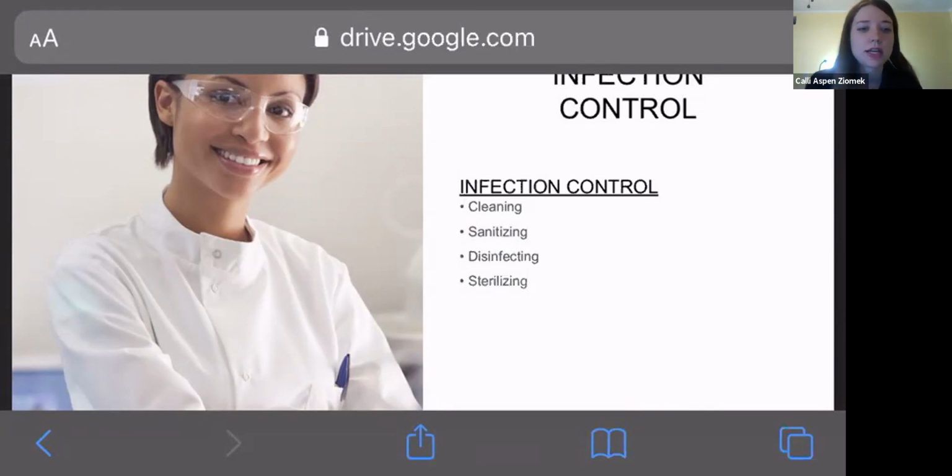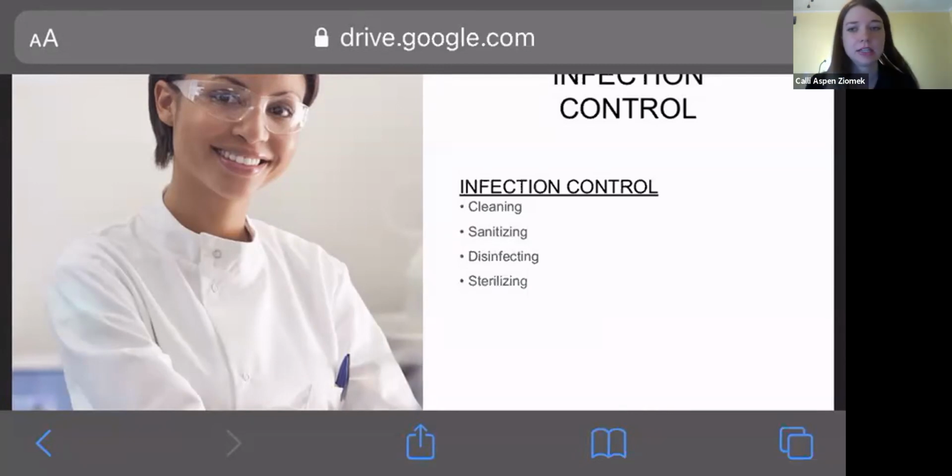Cleaning is the mechanical process of using soap and water, or detergent and water, to remove all visible dirt and debris. Visible dirt and debris is the very important part you need to take out of that sentence.